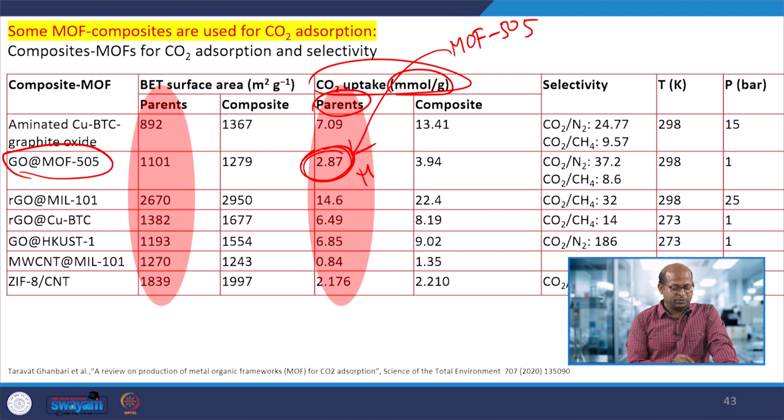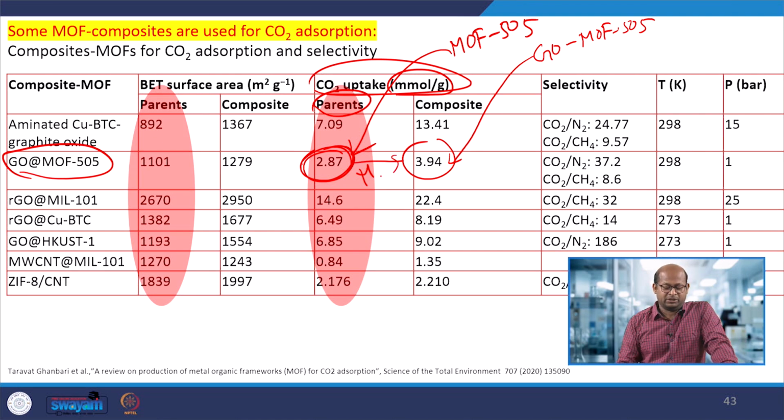When graphene oxide was incorporated with MOF 505, the CO2 uptake is this. So it is enhanced by the addition of graphene oxide. If we make that graphene oxide MOF 505 composite, then the CO2 uptake has enhanced from 2.87 to 3.94 millimole per gram.